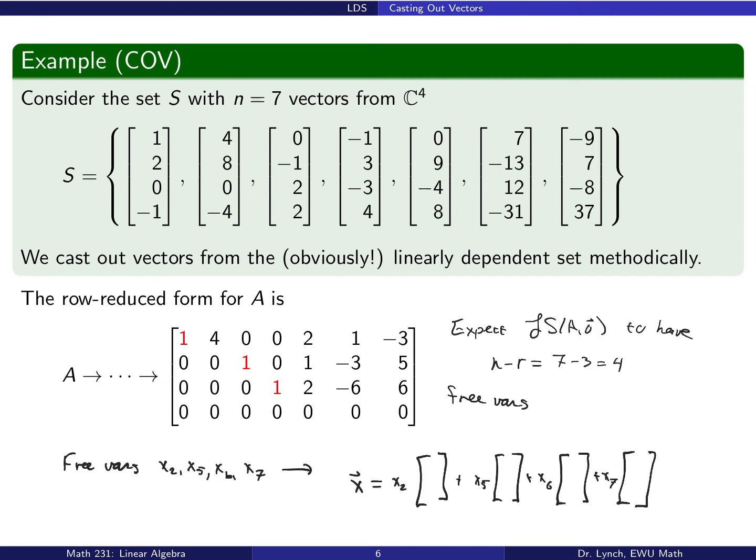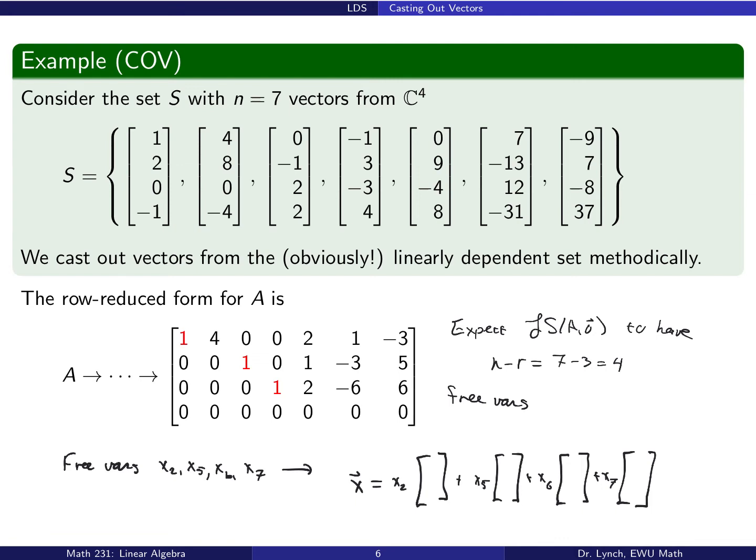Okay, with those 4 free variables, x2, x5, x6, and x7, we would expect that the homogeneous linear system has a vector form of a solution that looks like this.